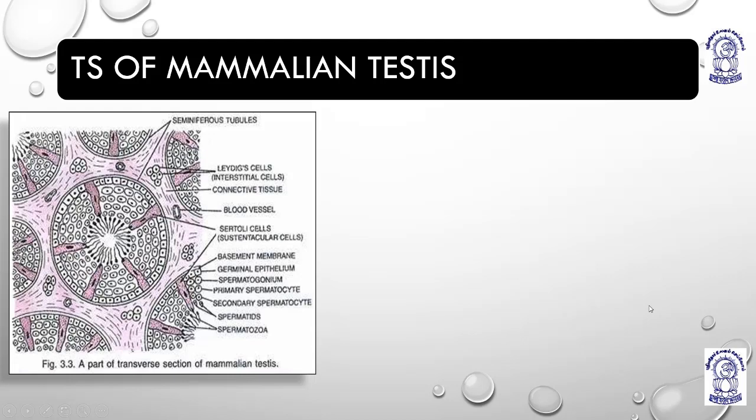The next slide is a transverse section of mammalian testes, which helps us understand how a mammalian testis looks from inside. You can easily see that the germinal epithelium is surrounding each and every cell, like a mother keeping her baby in her lap.